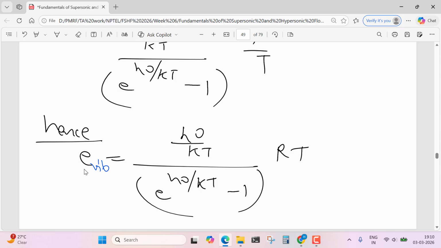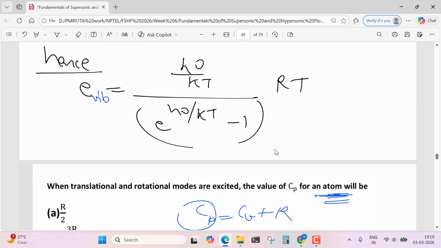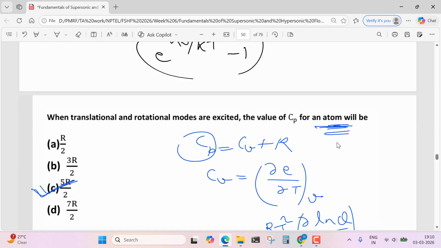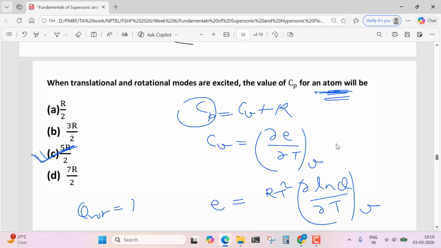And the main advantage of this internal energy is for finding the different properties. Now we'll see the next problem.